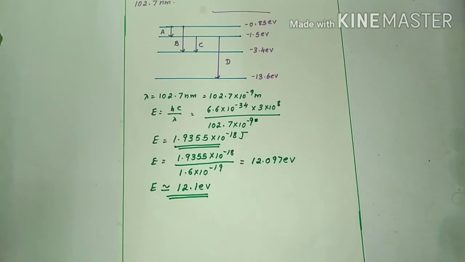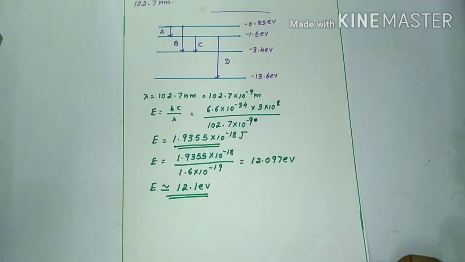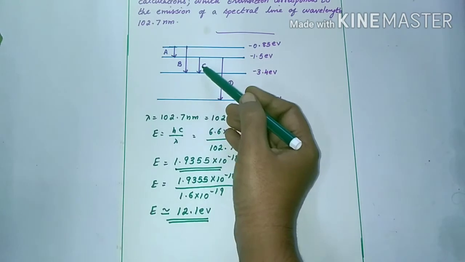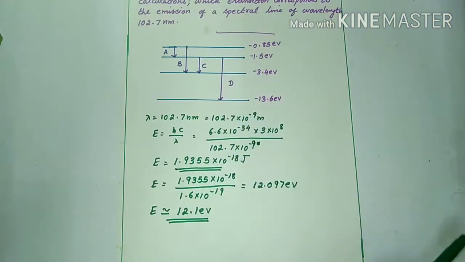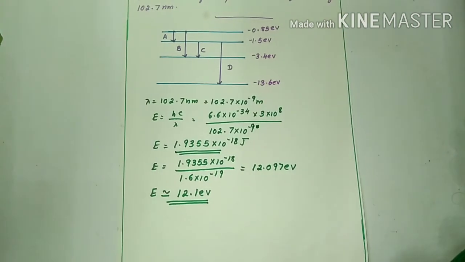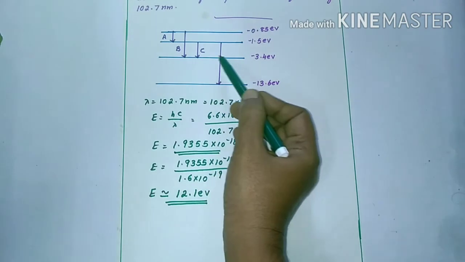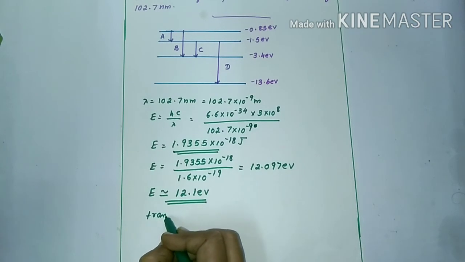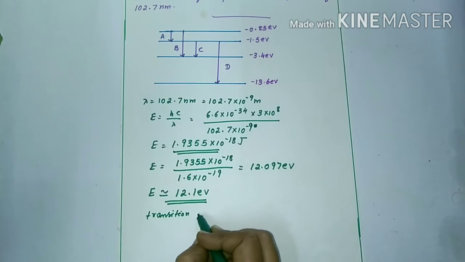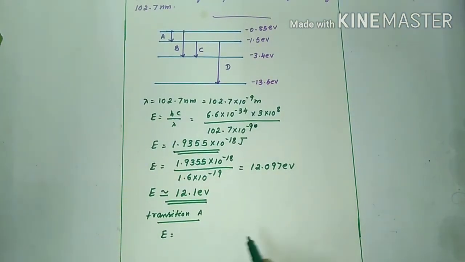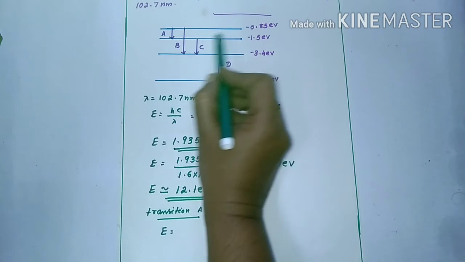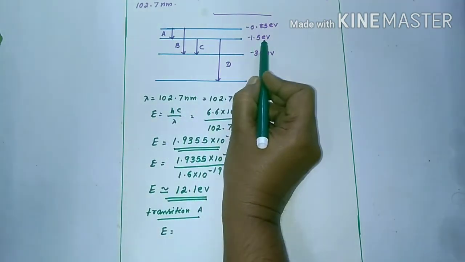Now you want to find out which transition this 12.1 electron volt energy is for, A, B, C or D. So you find out the energy for the transitions A, B, C, D, etc. For example, for the transition A, the energy levels are minus 0.85 electron volt and minus 1.5 electron volt.